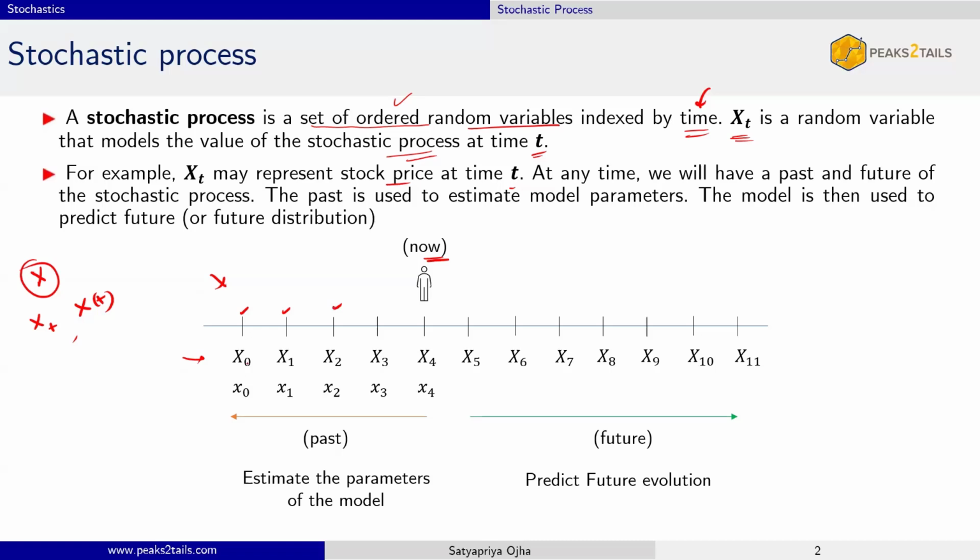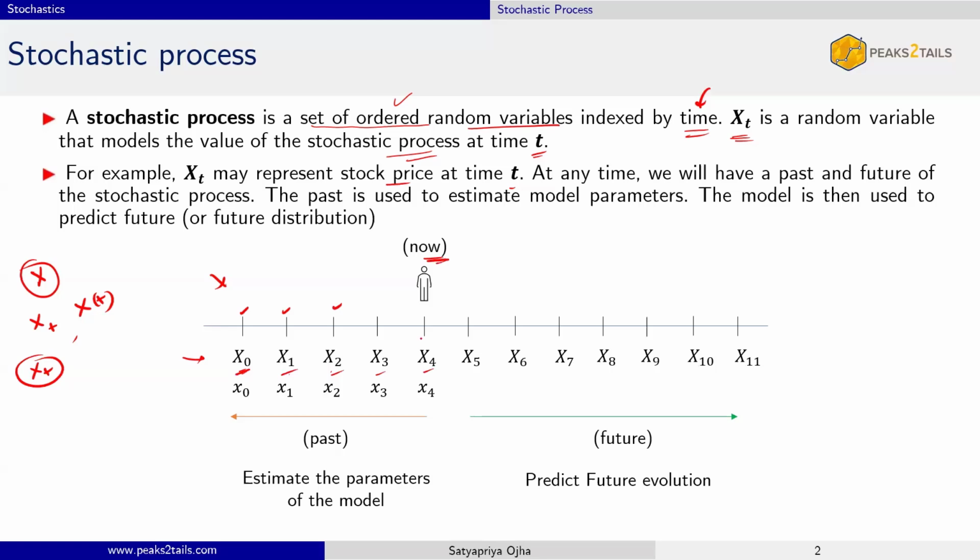Okay, so starting with this X0, X1, X2, X3, all of these are actually random variables, right? Remember, stochastic process is a collection of random variables indexed by time, Xt, that's what it is, indexed by time. Now if you're standing right here, then the X0, X1, X2, X3, X4 are not really random because they would have already been realized.